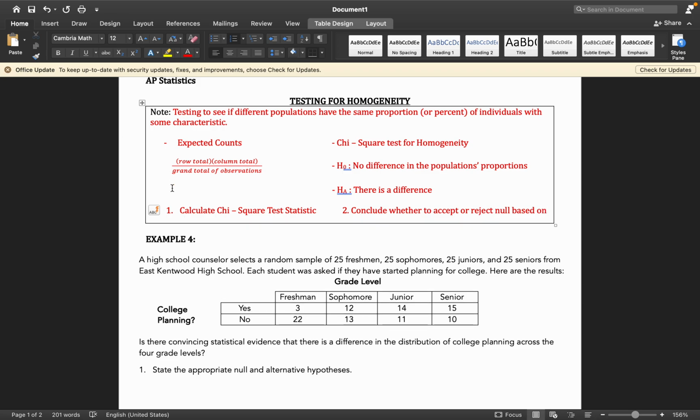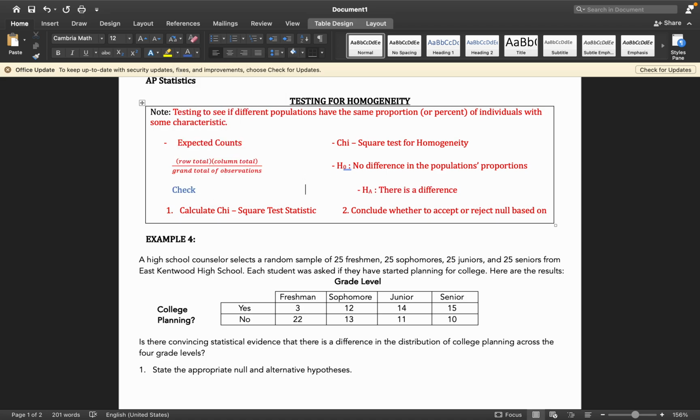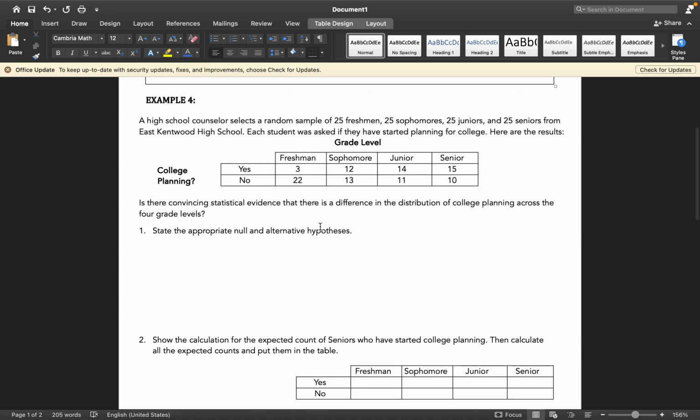We should also make a quick note here. You need to check randomness, the 10% rule, just to make sure we've got all our bases covered.